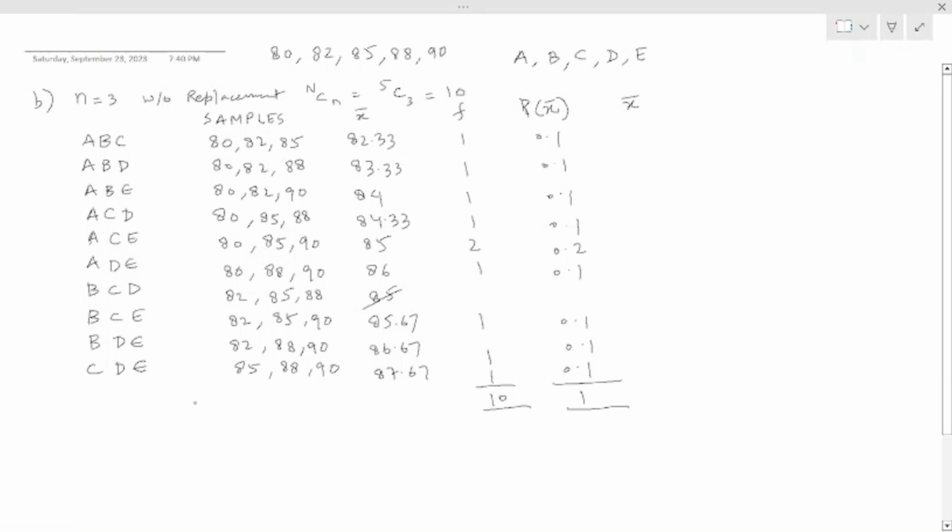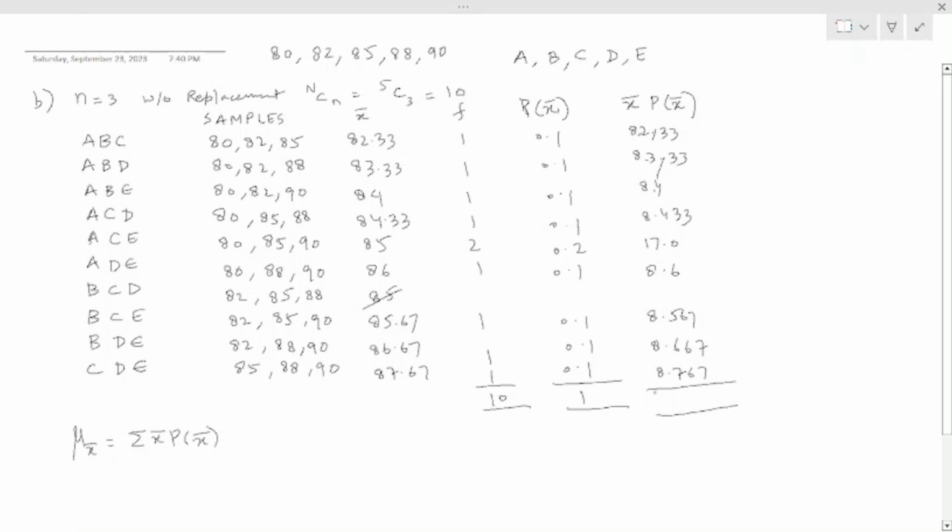Now as the next step, because we are going to compute mu of x bar that has a formula summation x bar times p of x bar, we need to multiply each mean value with its associated probability, and that would give us 8.233, 8.333, 8.4, 8.433, then this is 17.0, then 8.6, then 8.567, then 8.667, then 8.767.